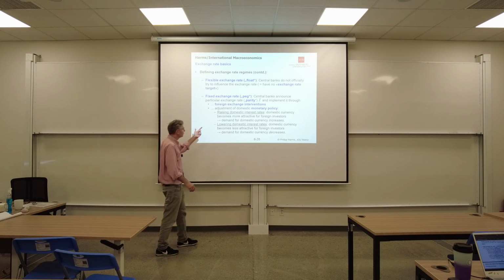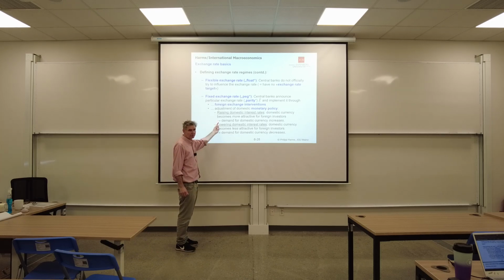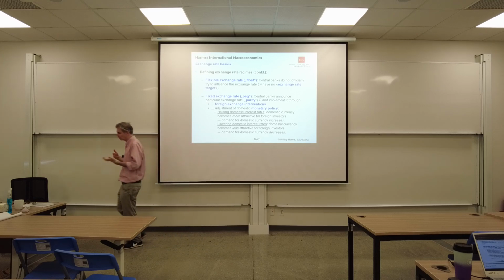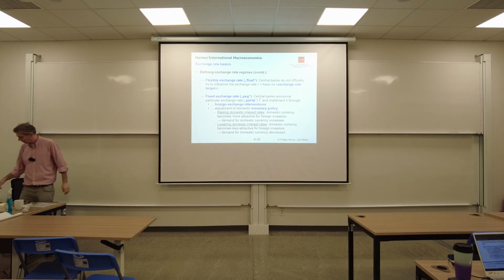Here the idea is if you raise domestic interest rates, you make the domestic currency more attractive for foreign savers, and so people want to buy the domestic currency, so that prevents a depreciation and results in an appreciation. If you lower domestic interest rates, you go just in the opposite direction. So central banks have lots of tools to implement a peg.